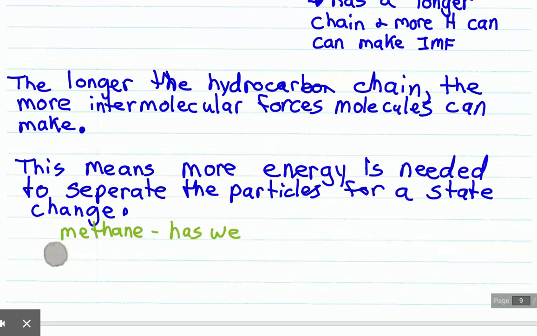has weaker intermolecular forces. So therefore it needs less energy to become a gas. And butane has stronger intermolecular forces.